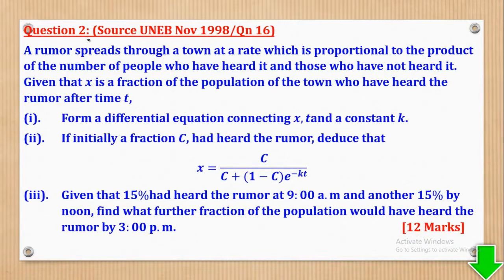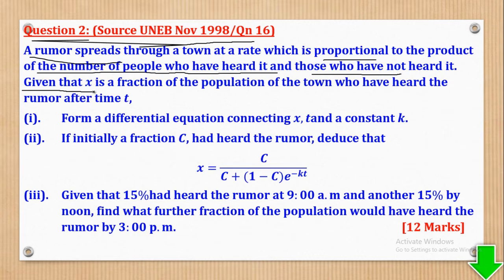So now we shall go to question 2, which came from UNEB November 1998, paper 1, question 16, and says, a rumor spreads through a town at a rate which is proportional to the product of the number of people who have heard it and those who have not heard it. Given that x is a fraction, note that word fraction, of the population of the town who have heard the rumor after time t, Roman 1, form a differential equation connecting x, t, and the constant k.